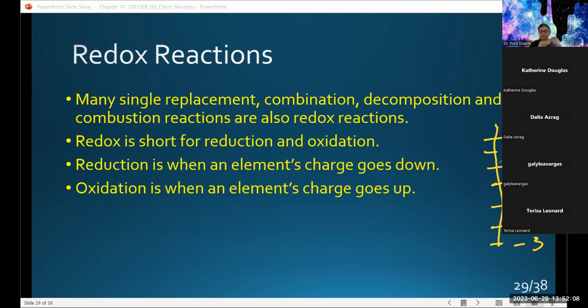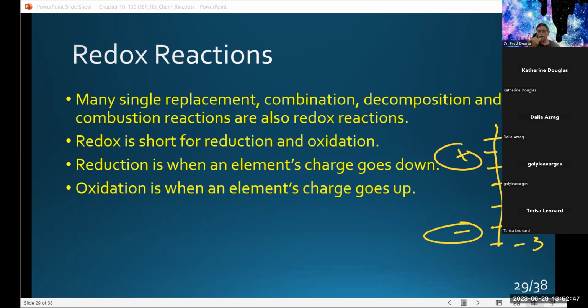Remember that all elements have a net oxidation of 0 because they have an equal number of protons and electrons. When you lose an electron, they become positive, like the metals do. That means their oxidation number, their charge, goes up in the positive direction, which is up in this direction, and this is the negative direction. So your oxidation number, your charge, goes up when you lose electrons. So if you lose 1 electron like sodium, you go up to +1.